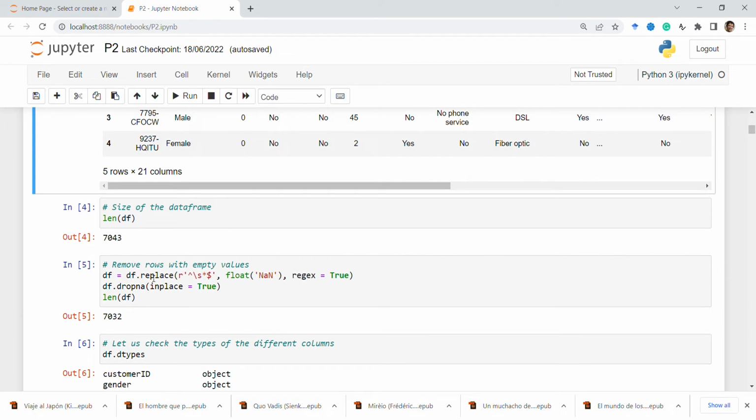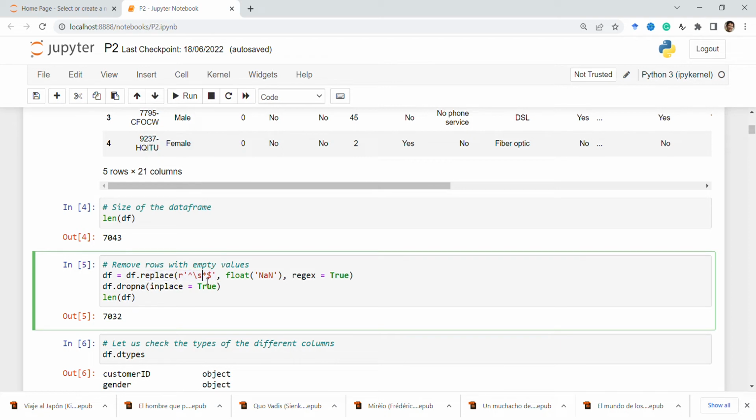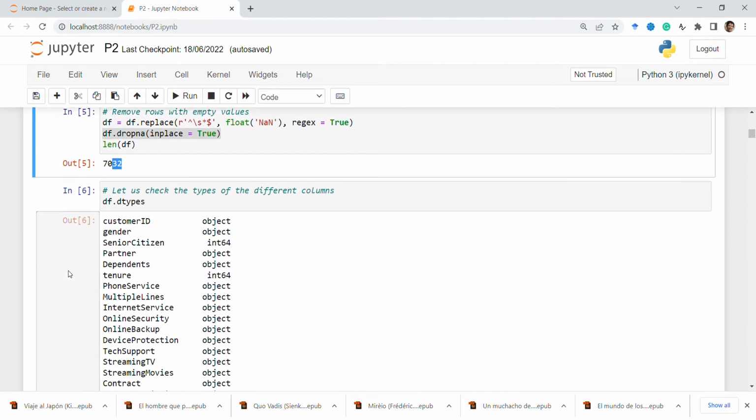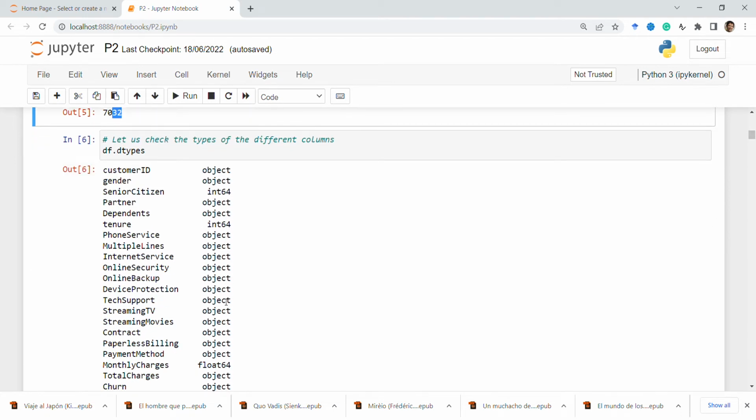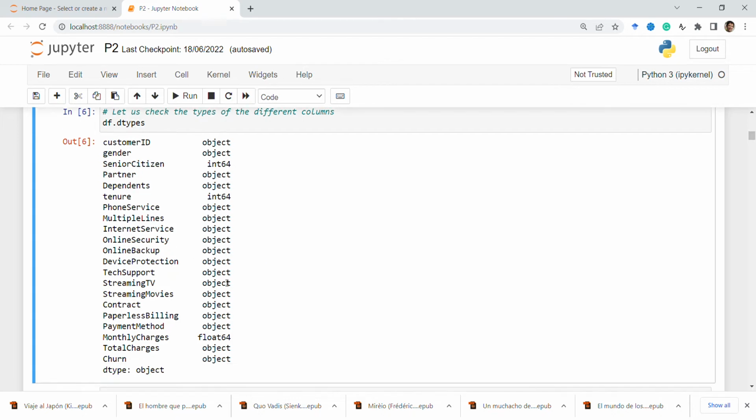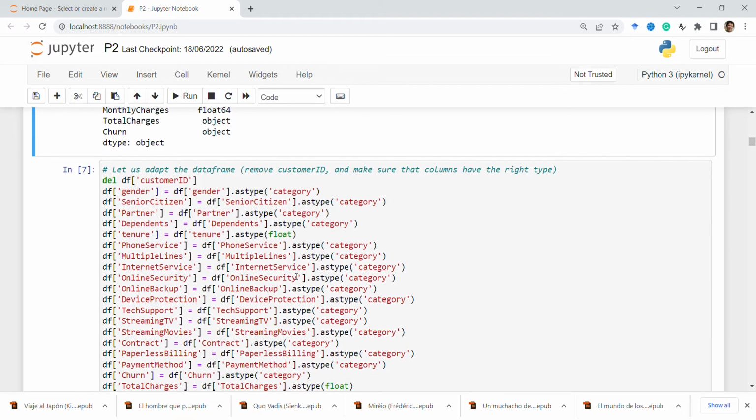So we will replace all these patterns that have problems with not a number, and then we will drop them. So we see that we have dropped 11 entries in the database. And as always, we check what the input types are. So we see most of them are objects, so we convert them to categories.